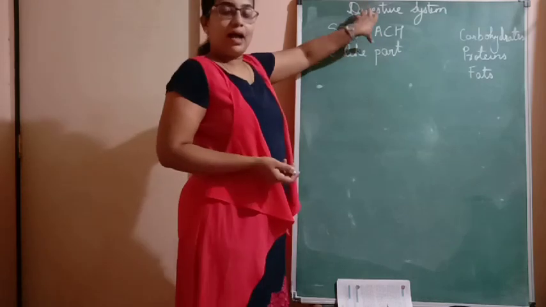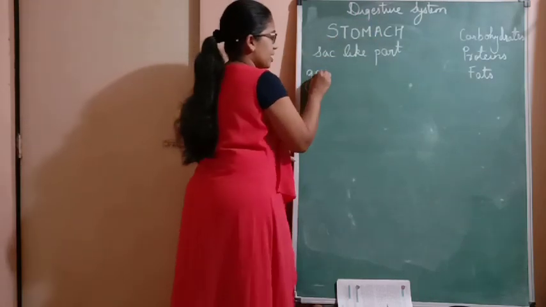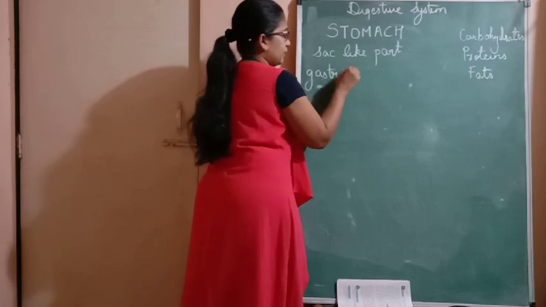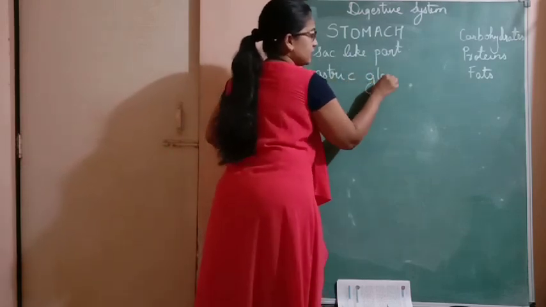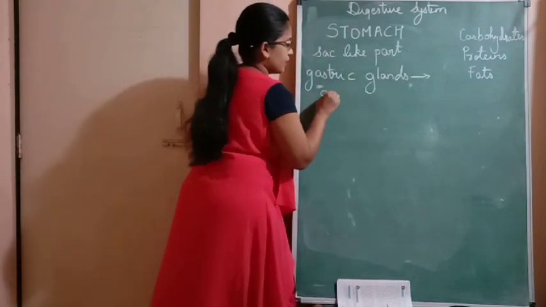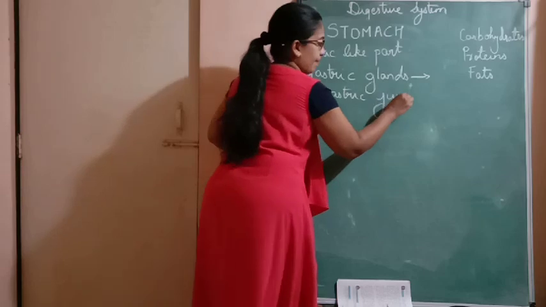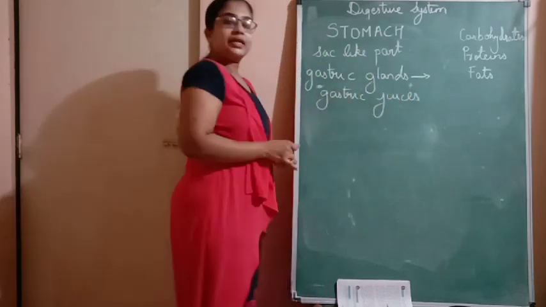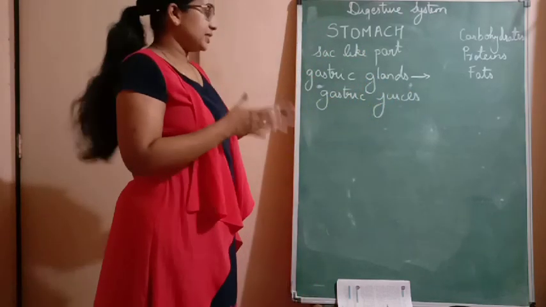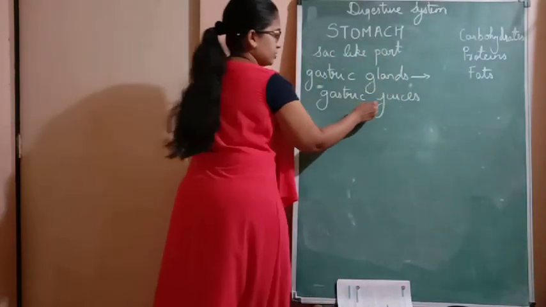Now what happens in a stomach? There are gastric glands which release gastric juices. The gastric juices which are released in the stomach are basically of 3 types.